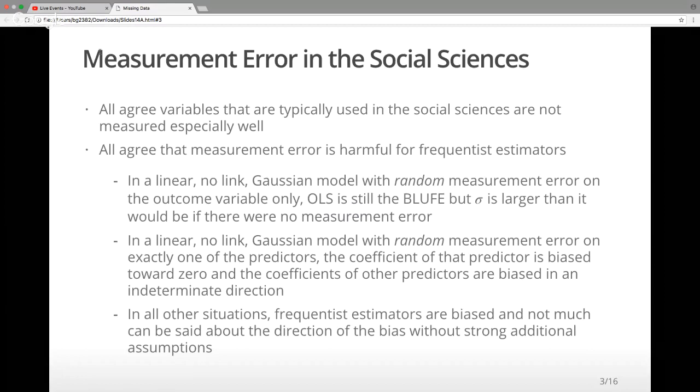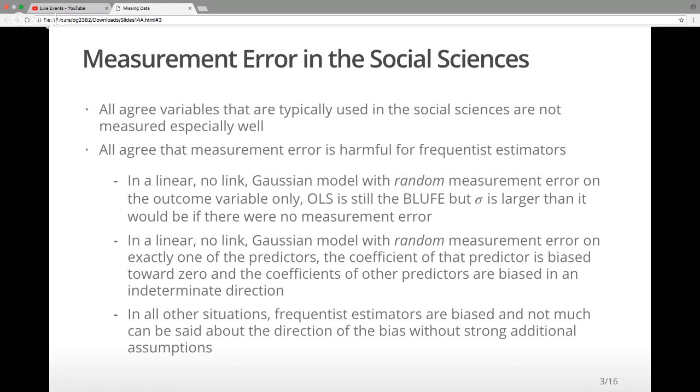In that specific circumstance, ordinary least squares is still the best linear unbiased frequentist estimator. It's just that the sigma that goes into that model includes both whatever omitted variables you have, plus how much measurement error there is in the y that you're using.